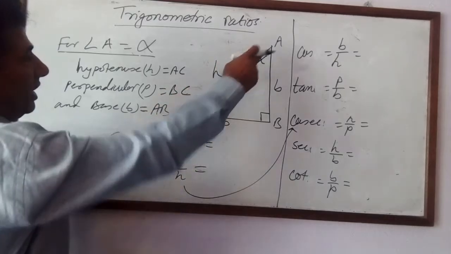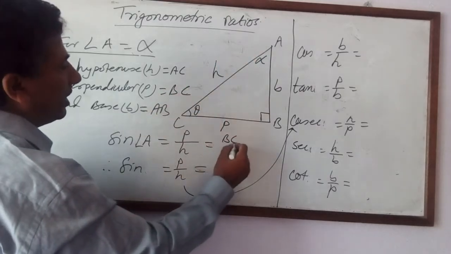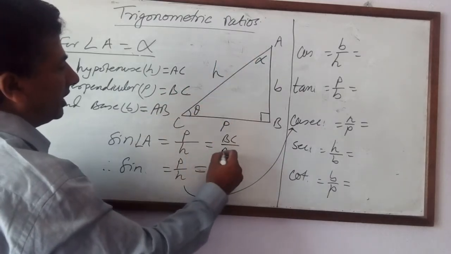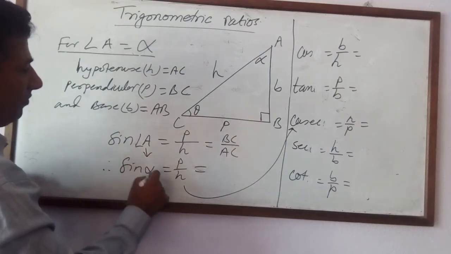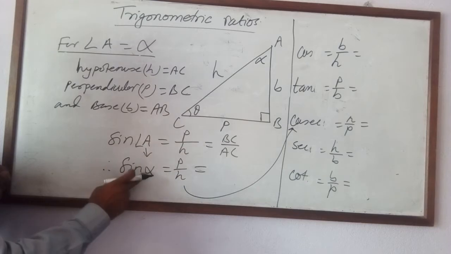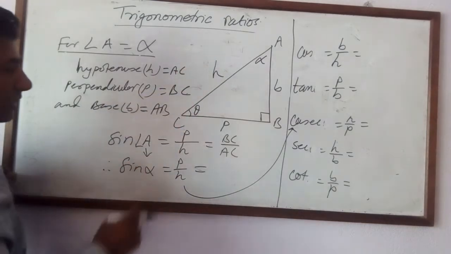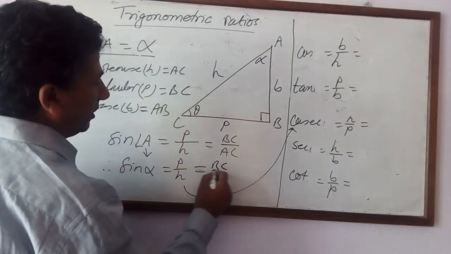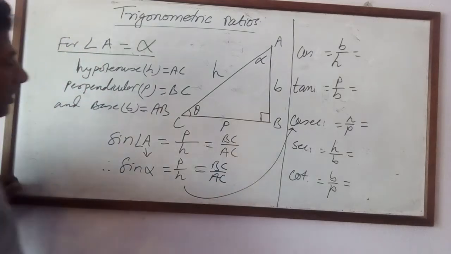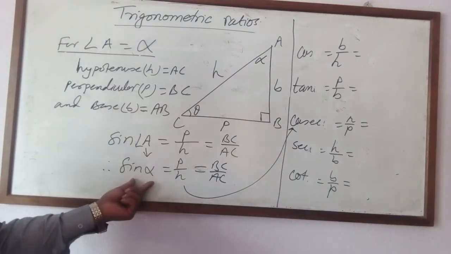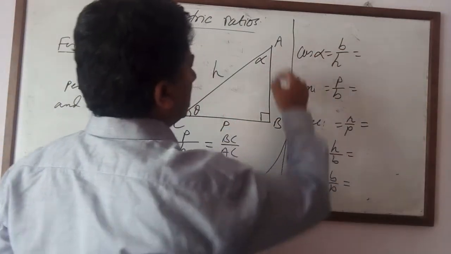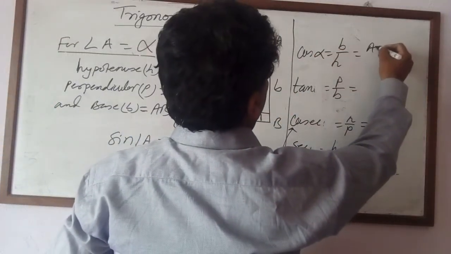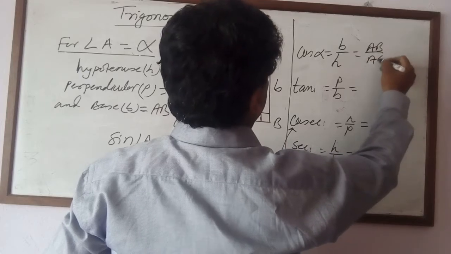For this angle A, P is BC, BC by H, H means AC. Now here is the change. In place of this angle A, we can write alpha. You can write like this also. Alpha means the measure of the angle, that is BC by AC. Now it will be easy. That's why generally we follow this. Now for cos alpha, B by H. Which one is B? AB. AB by AC. In this way you have to write.